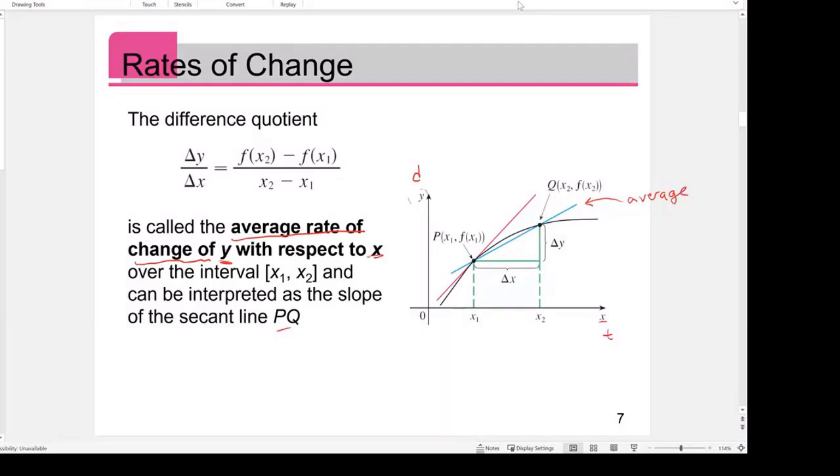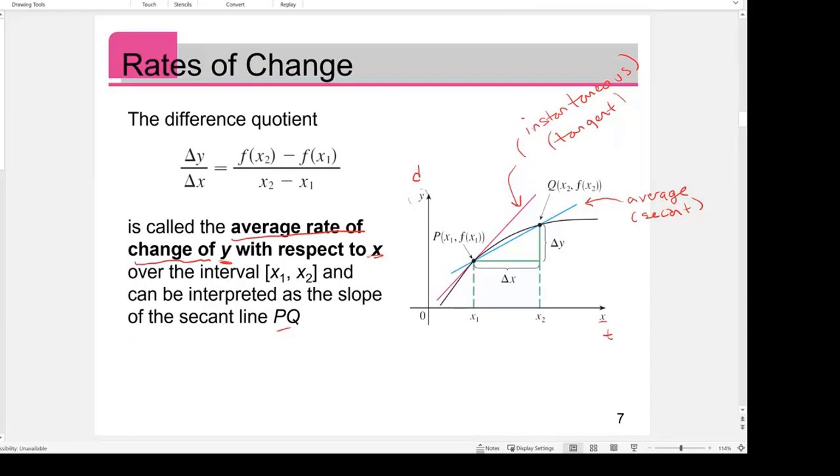We can see it's the average because x1 and x2 are far enough apart that it's not going to be exactly the same as this right here. So the average would be the same as the secant, and that right there would be the instantaneous, or the tangent line.